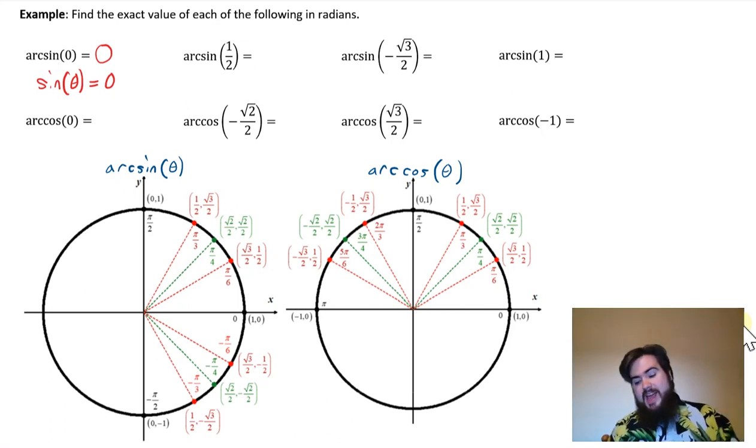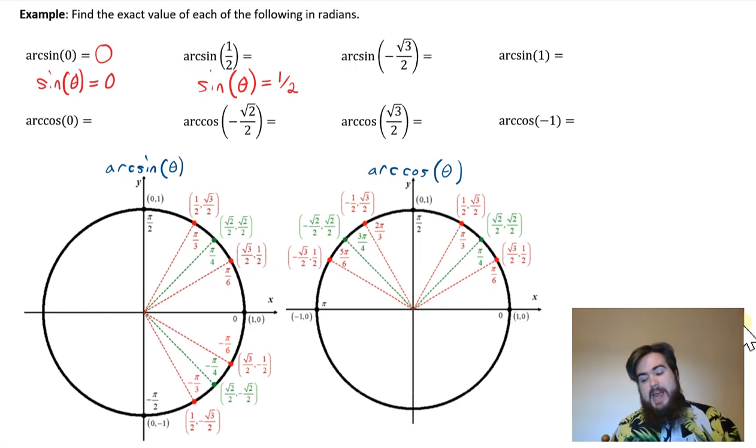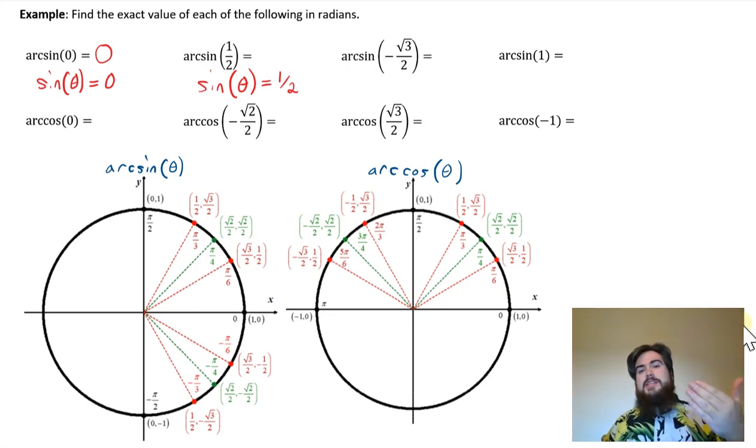Same for arc sine of 1/2. Yes, this is really having you think about what angle measure for sine would give you a ratio of 1/2. In the unit circle, that happens a couple times, and infinitely more times past that if you consider coterminal angle measures. But since arc sine is itself a function, we should only have one output, and that one output should exist between negative pi halves and pi halves.